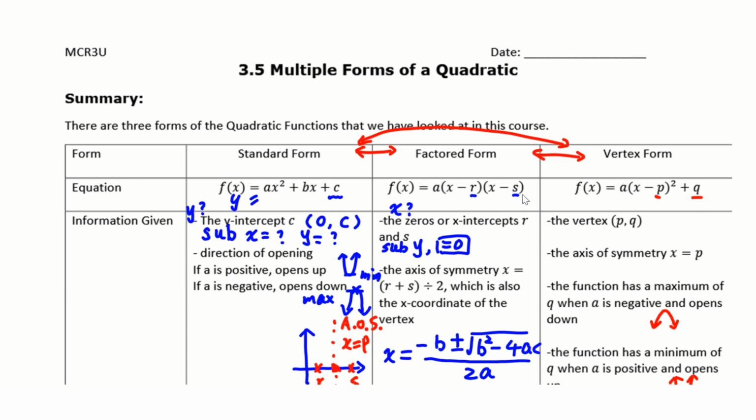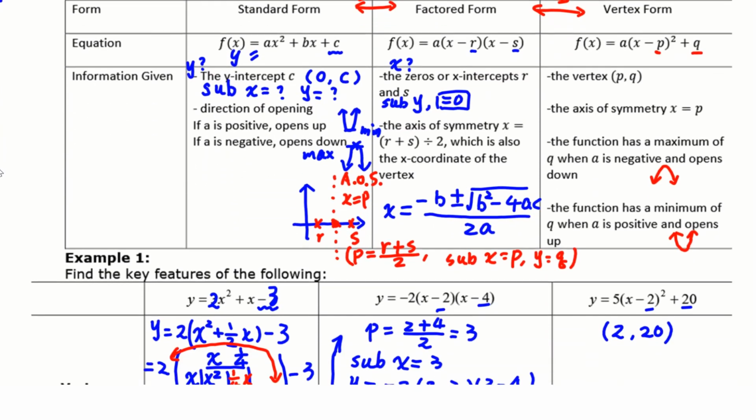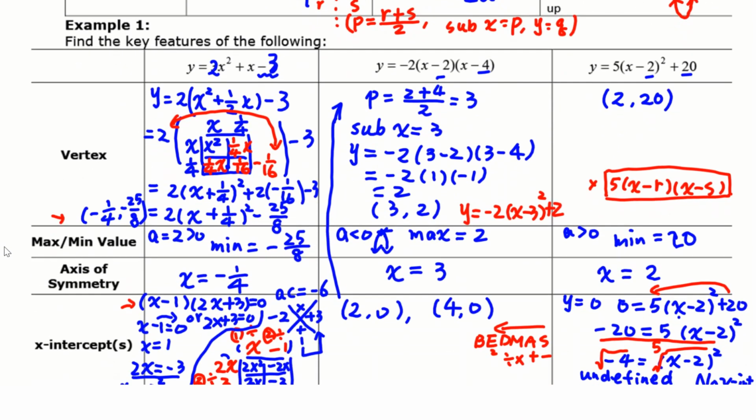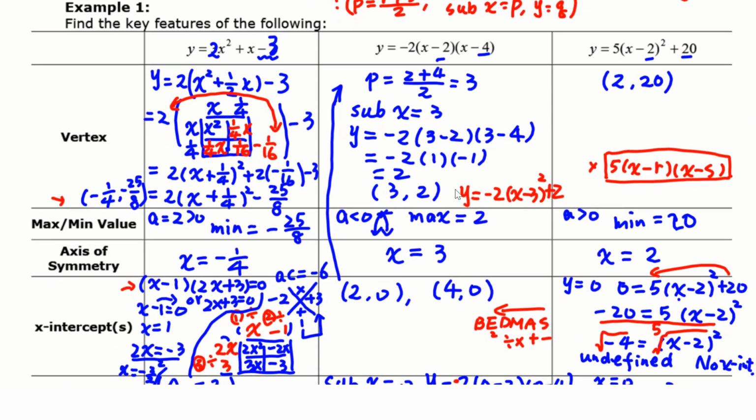Factor form, the r and s zeros easily. Vertex form, you can find the p, q easily. And also we have gone through how you can convert from one form to another and find all those key points: x-intercept, y-intercept, and vertex.